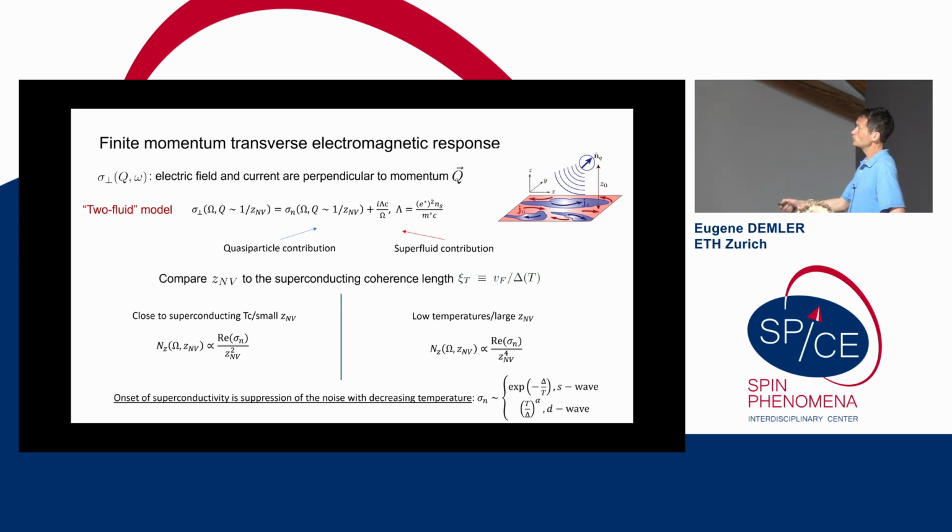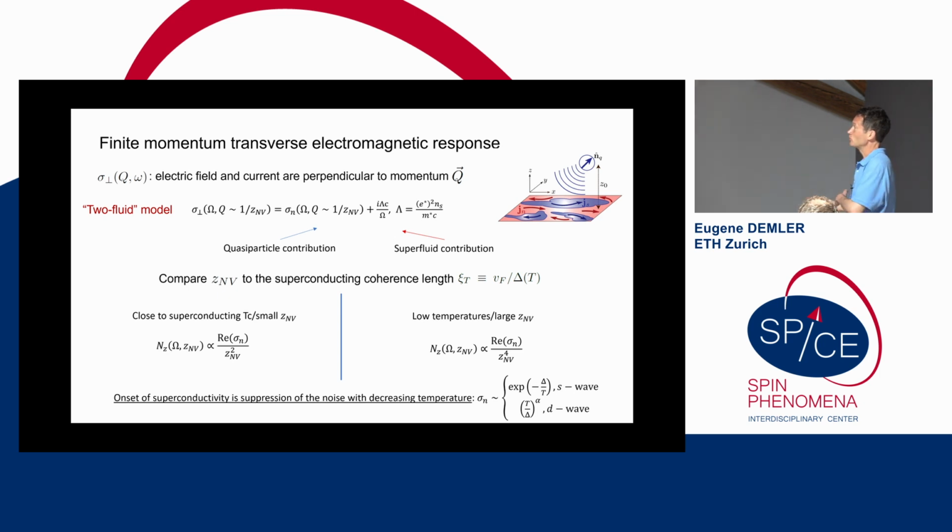When we talk about superconductors, as you know, the simplest phenomenological approach is to think about two fluids. One is a condensate of Cooper pairs, and it gives us conductivity that goes as 1 over omega. The simplest way of thinking about it is just a statement that if we have a condensate, it will be accelerated by the electric field.